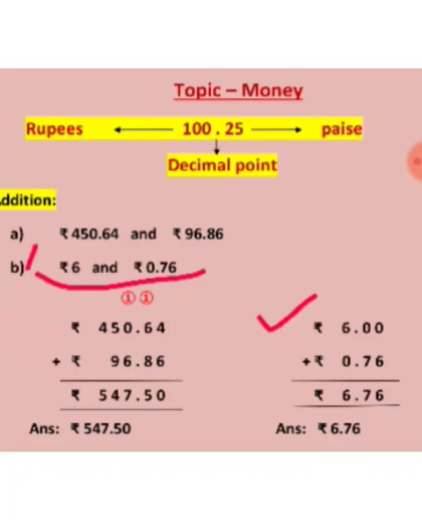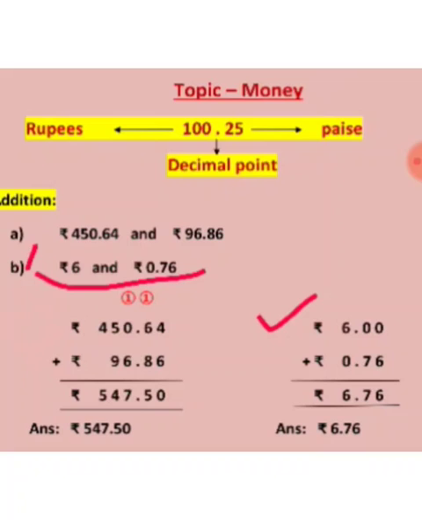As rupees 6 is only given, after decimal there is nothing, no paise, so we can put 00 after decimal, because in the last class I taught you in money after decimal there will be only two digits. So in paise there is no paise here, so you will put only 2 digits here. That means it is 6 rupees 0 paise.